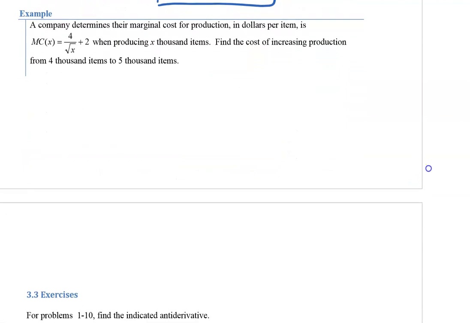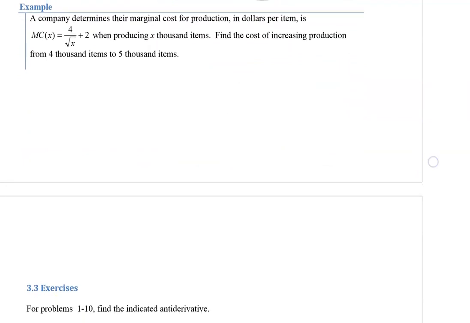A company describes the marginal cost for production in dollars per item as this function when producing x thousand items. Find the cost of increasing production from 4,000 to 5,000. So we are going to take our marginal cost, because marginal always signifies that we need to take the derivative.